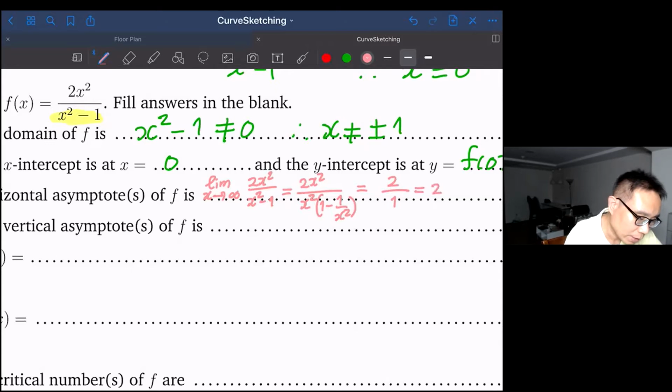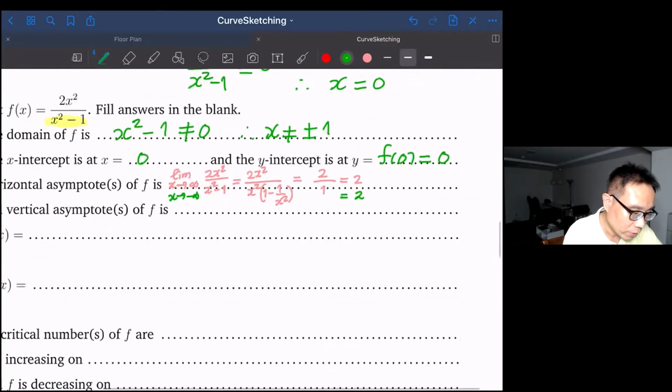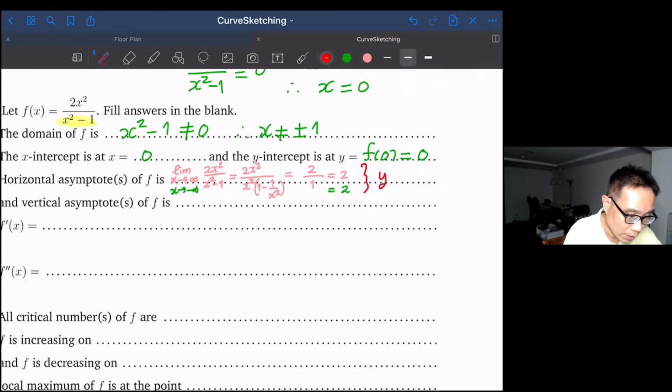In a similar manner, x going to negative infinity gives you 2 as well. So for the conclusion, y equal to 2 is your horizontal asymptote.